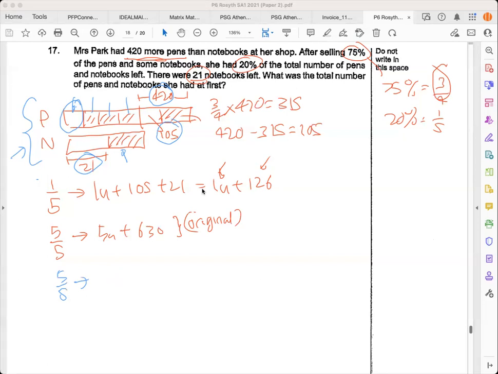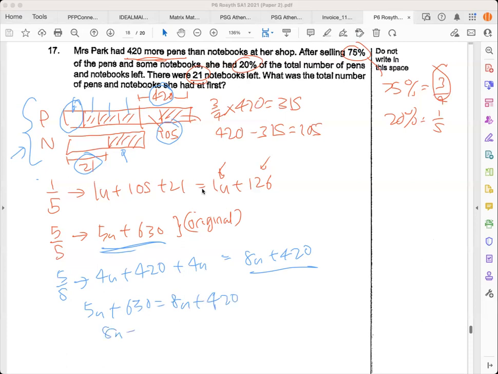It will be 4 units of pen plus 420 plus 4 units of notebooks. So which is 8U plus 420. In other words, this has to be equal to this. All right. So 5U plus 630 must be equal to 8U plus 420.